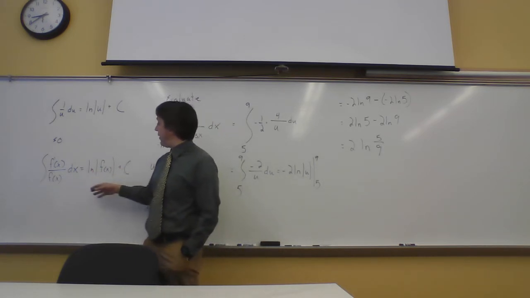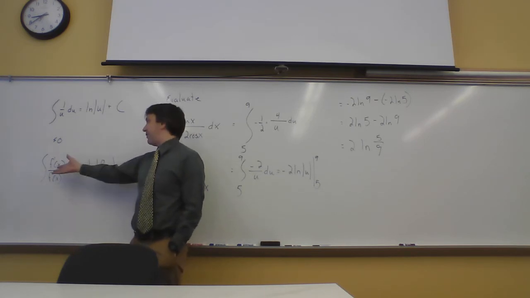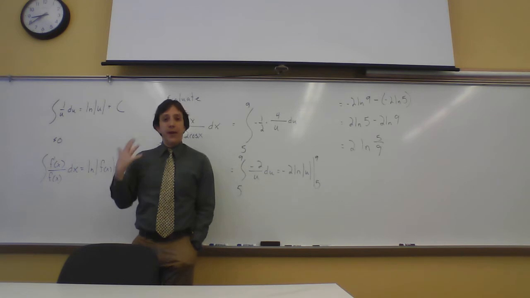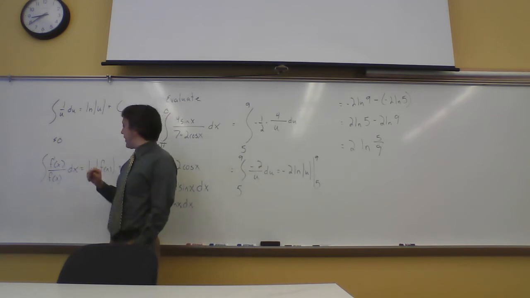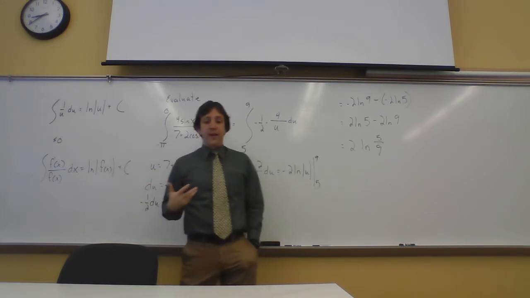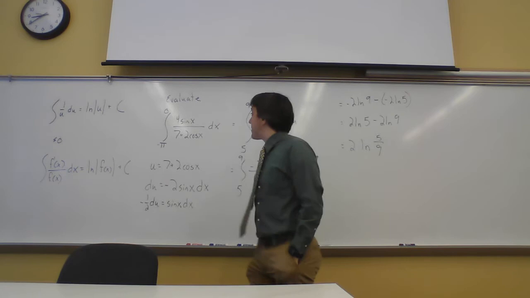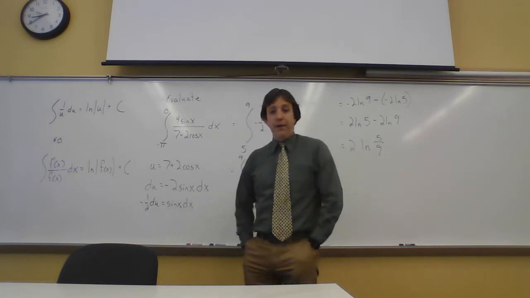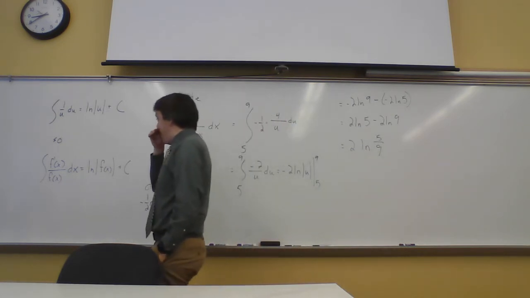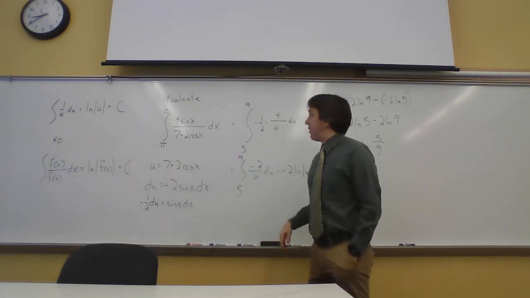So it turns out then that the indefinite integral of f prime of x over f of x dx is equal to the natural log of the absolute value of f of x plus c. That's basically because we're doing a substitution. If we have a function on the bottom, we can call it u. Its derivative then, well, let's look at the example. That makes it all look pretty nice.